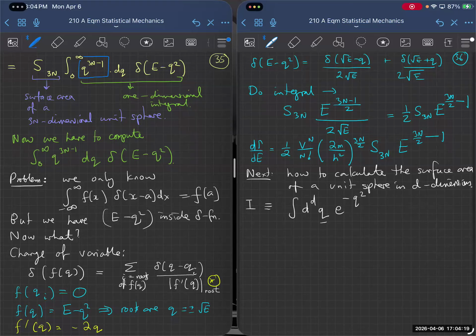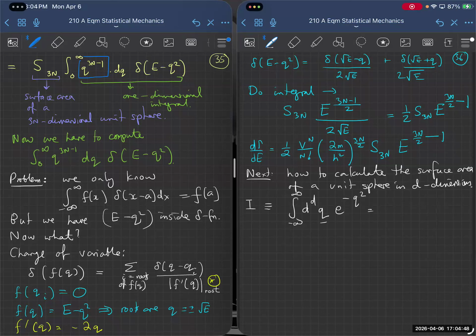Well, let's think about it. If d was equal to 1, what would this integral be? Well, this is an integral from minus infinity to plus infinity. So you're on the right track. What you were saying, root pi. Okay. But then this integral factorizes.